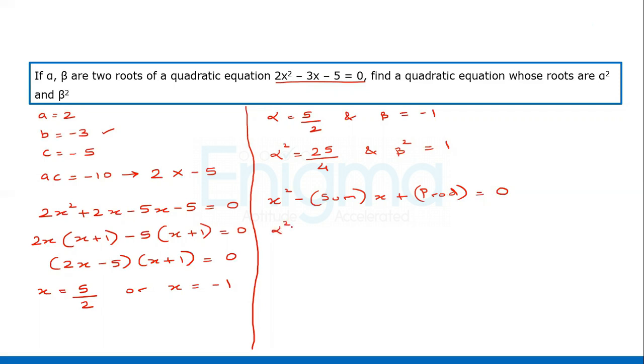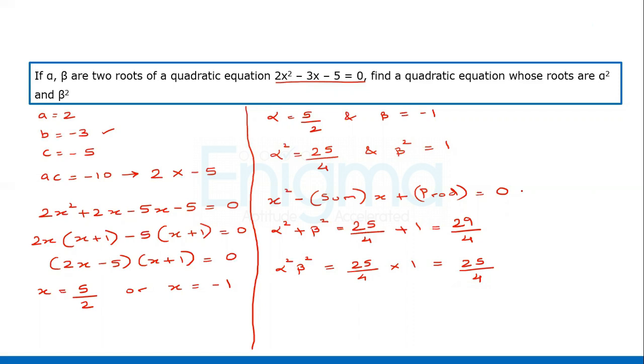So alpha square plus beta square is equal to 25/4 + 1. So it comes out to be 29/4. And the product of roots, that means alpha square and beta square, comes out to be 25/4 multiplied by 1, that is 25/4 itself.